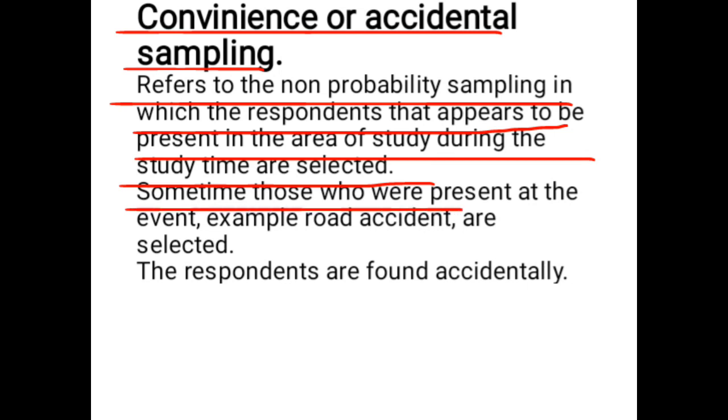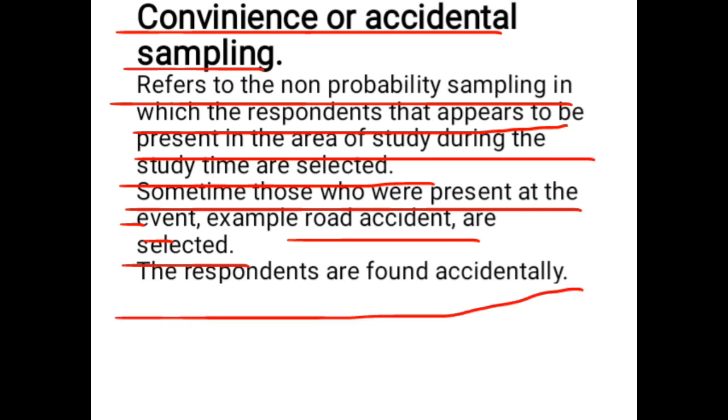Sometimes those who were present at the event, for example, maybe a researcher wants to study a road accident. Those who are present at the area where the accident happened may be selected to provide a response. So under convenience sampling, the respondents are found accidentally.